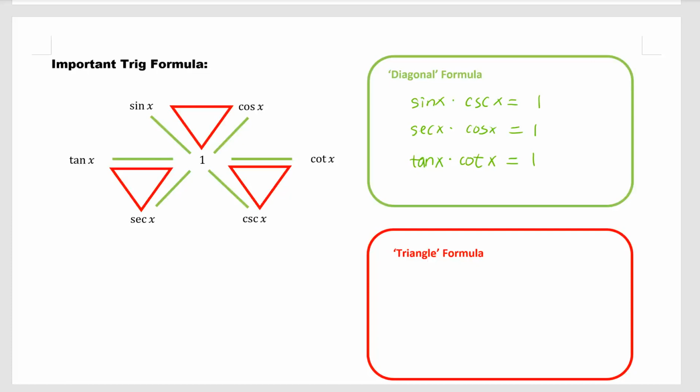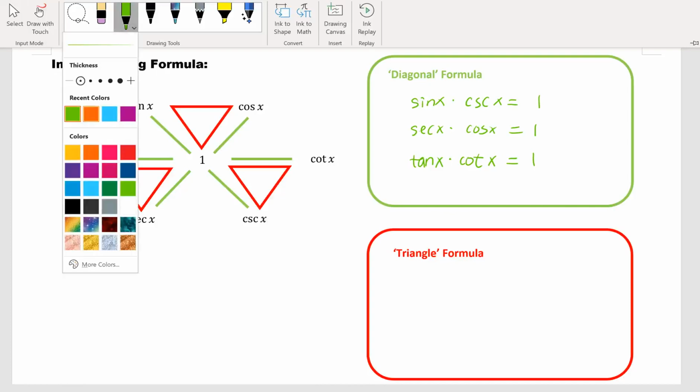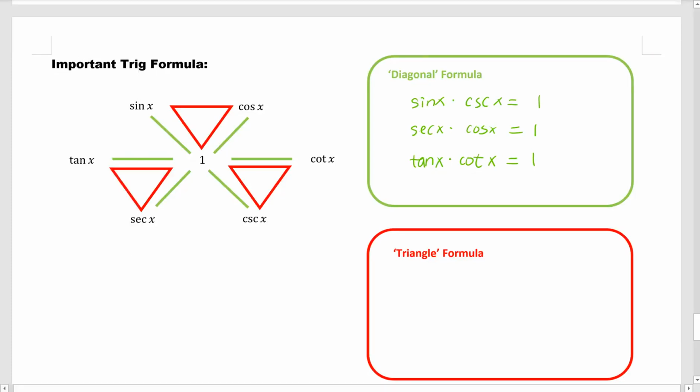Okay? And next, do you see there are 3 upside down triangles? Okay, so I call them upside down triangles because usually when you draw a triangle, you draw like this, right? But here, one of the vertices is pointing down, so I call them upside down triangles.